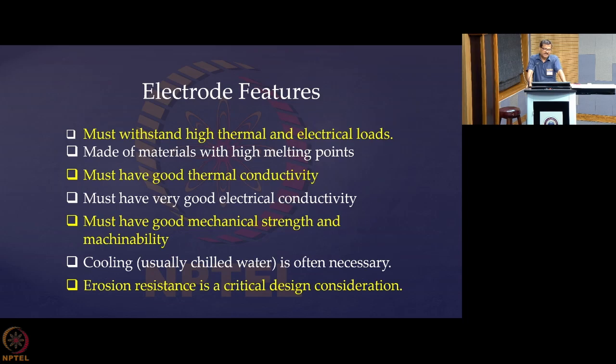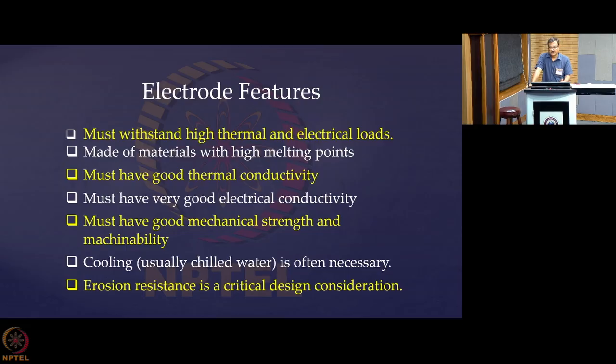If it is not extending that machinability, then you cannot make any device out of that material. But at the same time it must have good mechanical strength, so that it allows you to maintain the structural integrity under highly thermal, highly stressed condition, both mechanically and thermally.